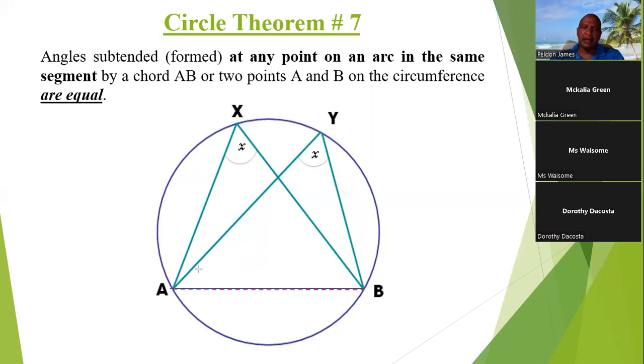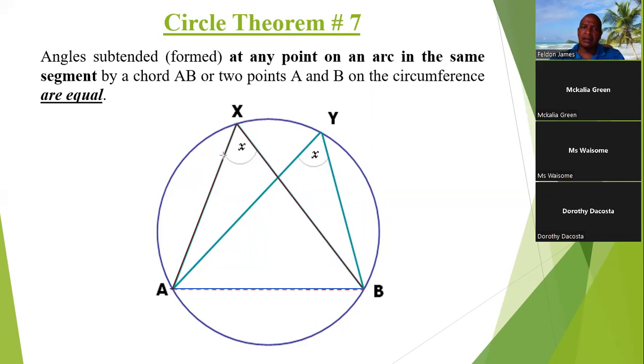So if you form an angle, we use a different color. If you form an angle starting from the point A, you form an angle at the circumference from A to B, right?